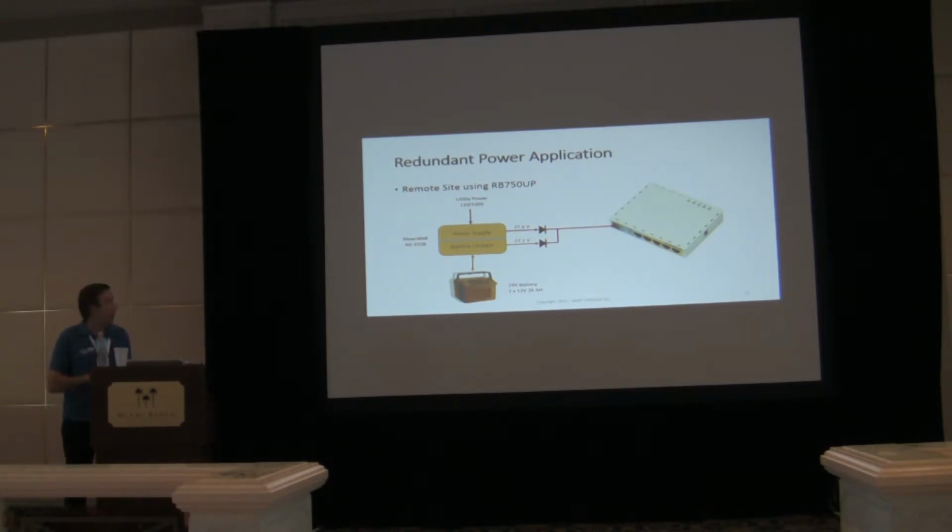Nominally, the power supply gives out 27.6 volts, and the battery charger side gives out 27.1, which is what it's feeding here. Put 2 Schottky diodes in there, and you've got a solution. In the event the power goes out, the battery voltage becomes higher than what's there, and it runs off that. You now have a very cost-effective solution without some bulky UPS, and you can fit this in any enclosure anywhere.